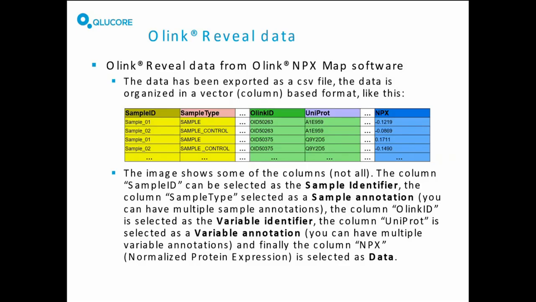Then we have one column called Olink ID, which holds the variable identifiers, and we also have corresponding variable annotations like the UniProt identifiers. To the right you can see one column called NPX, the normalized protein expression values. We are going to import this synthetic file and see how we can work with it.